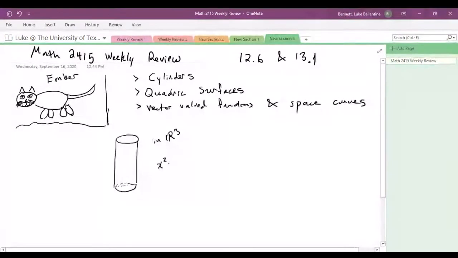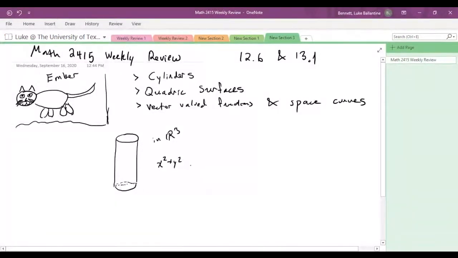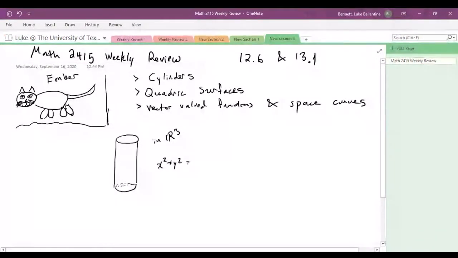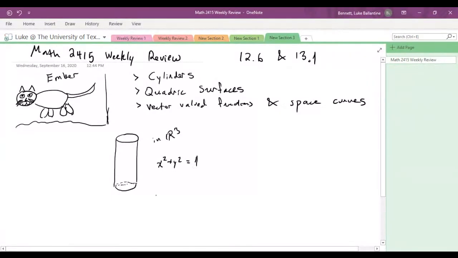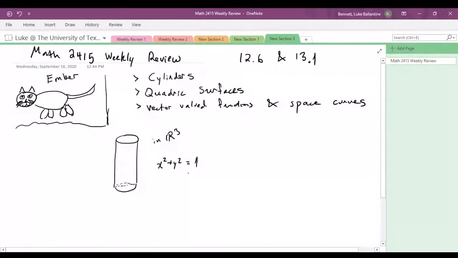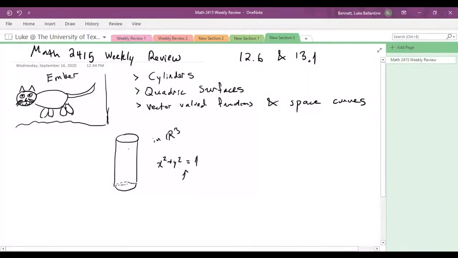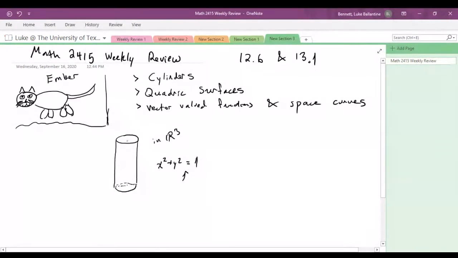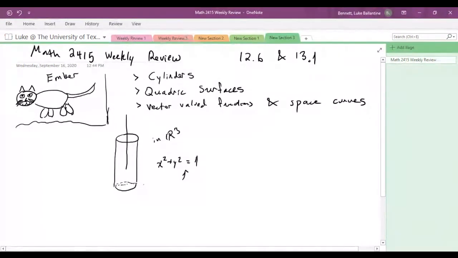So if we have x squared plus y squared and we have no z squared and it equals some radius, say 1, then the fact that it's missing z is what makes it parallel to all the rulings, parallel to the z-axis.